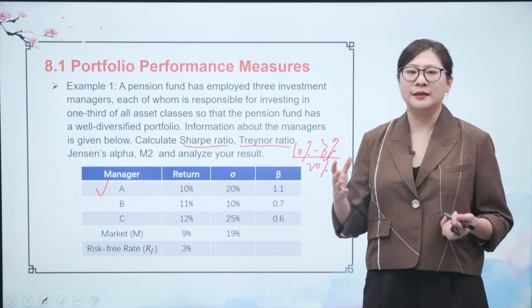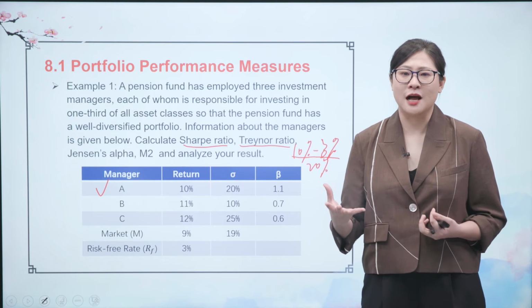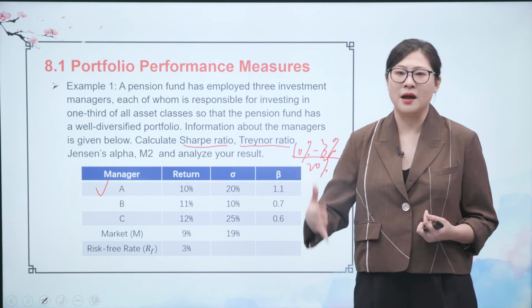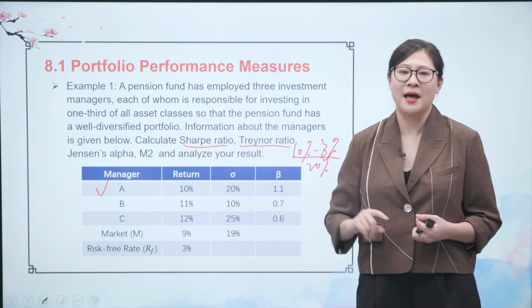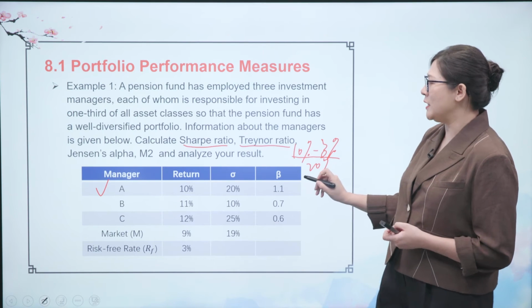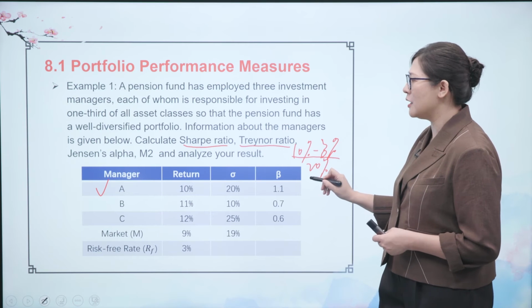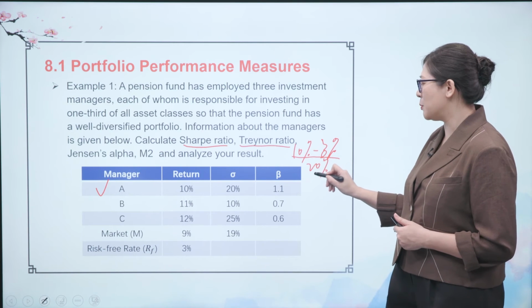The next one is Jensen's alpha. Jensen's alpha is Rp minus the expected return, which is based on CAPM. So now we need to calculate the return based on the capital asset pricing model.